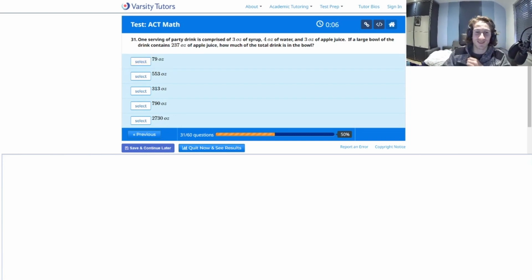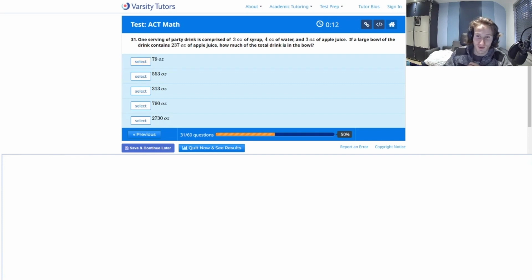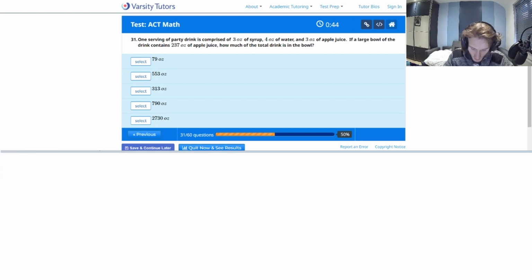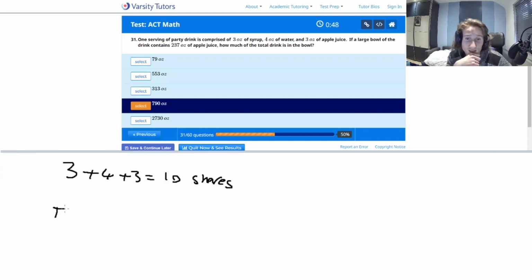One serving of a party drink is this, this, and this. If a large bowl contains this, how much total drink is available? Okay, so 237 plus another 237, because that means it has to have the same amount of syrup, plus 2/3 times 4/3 times 237 is equal to 874, which is not one of the answers.